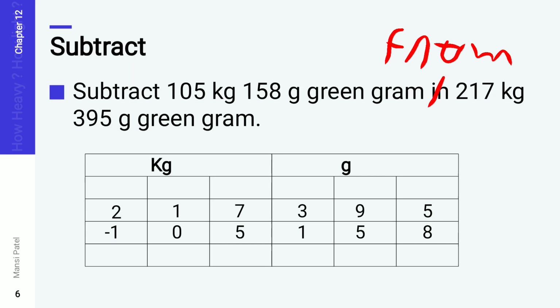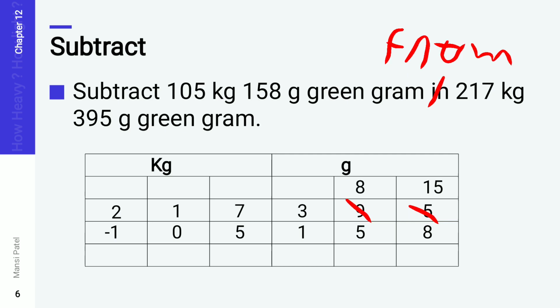Now see here, 5 minus 8, is it possible? Not possible. So we have to borrow from 9. So just cut this 5 and cut this 9. So this 5 becomes 15 and this 9 becomes 8.